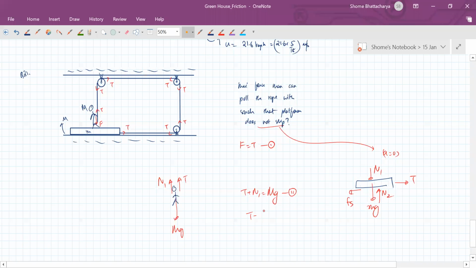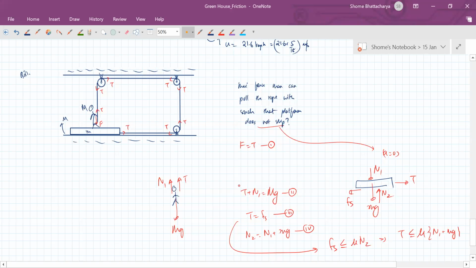So T is equal to static friction for no acceleration, and N2 is equal to N1 plus small mg. That's our fourth equation. Okay, now we have to understand that static friction cannot exceed mu N2. Okay, so substitute. So static friction required is how much tension, and that should not exceed this.